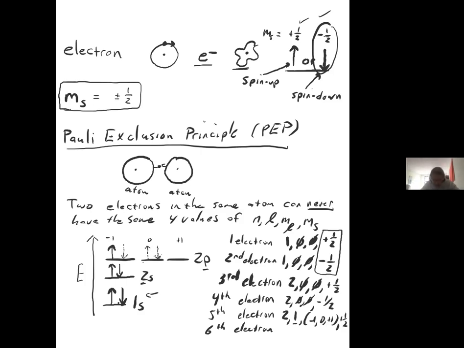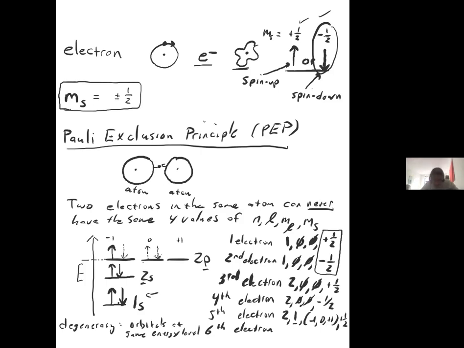And that is, if you have more than one orbital at the same energy level, right? These are all at the same energy level, these 3 here on the vertical axis. If they're at the same energy level, we call that degeneracy. This is where you have orbitals at the same energy level.